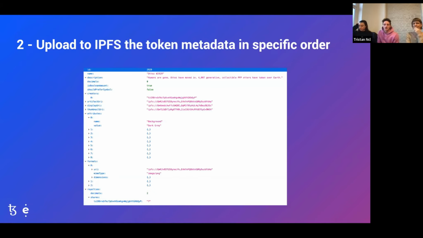And this is, for example, I quickly went on objkt before the presentation and took a screenshot of what we're getting when we're sending a GET request on an IPFS hash. I mean, to a gateway for the authors. Maybe you guys know what the authors are, just a collection that is on objkt.com. And this is a little bit how it's going to be. As you can see there are a little bit more fields, but these are just fields that are required and they will always be there.